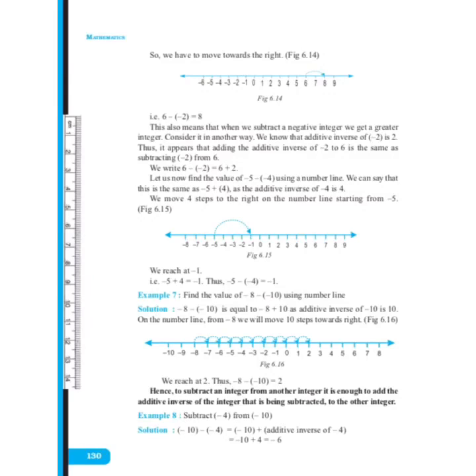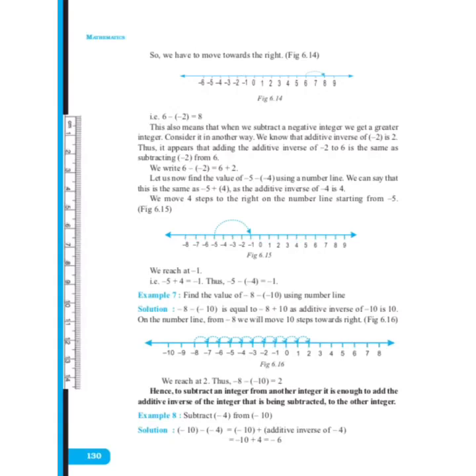Now one more we will do here, that is minus 8 minus bracket minus 10. So again here also minus 8 will remain as it is and minus minus will become plus. So plus 10. Additive inverse of minus 10 is plus 10.